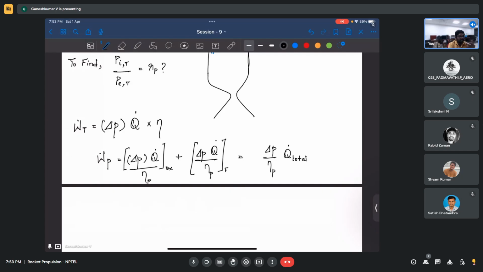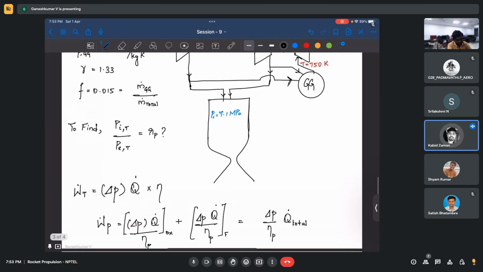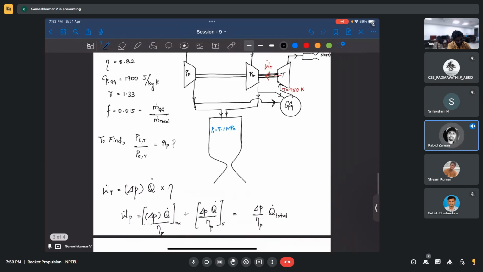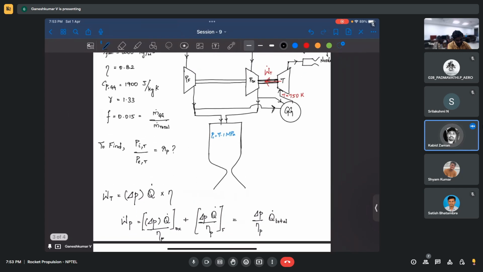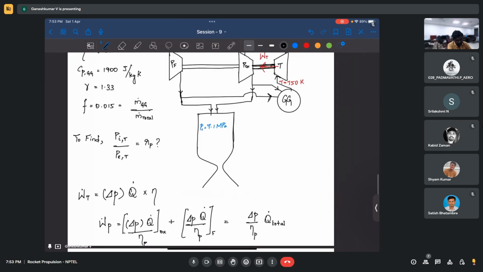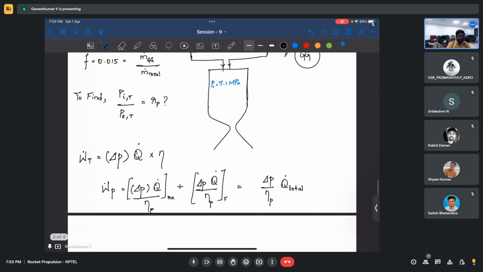So from where is the turbine getting the power? From the gas generator. But one thing I'm a little confused about is why is the volume flow rate considered to be same for both? It's not same. I'm writing total, which is Q of oxidizer plus Q of fuel. So Q of total is equal to Q of oxidizer plus Q of fuel.